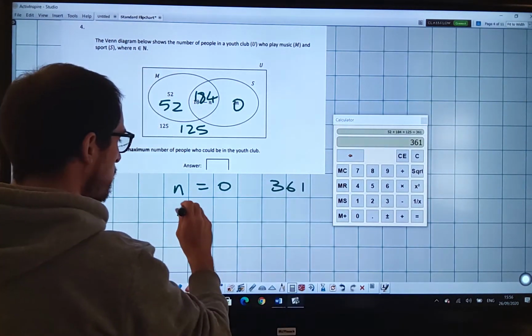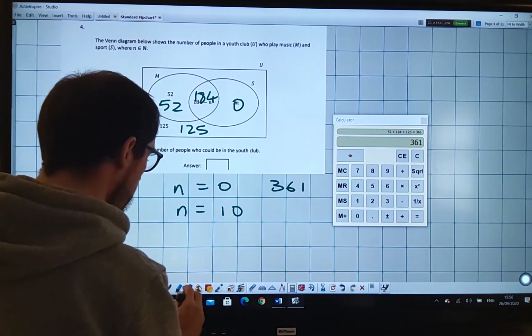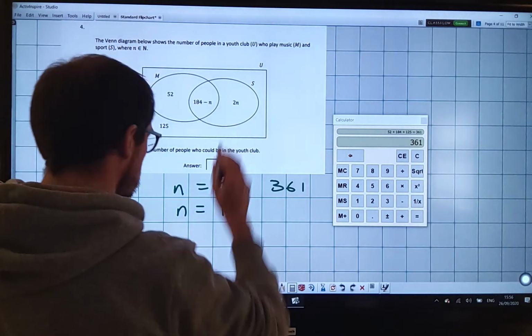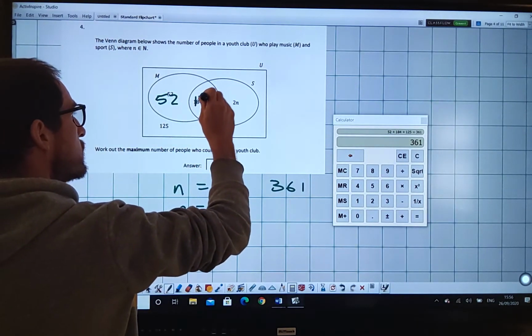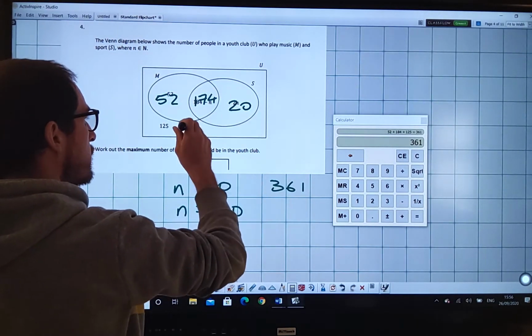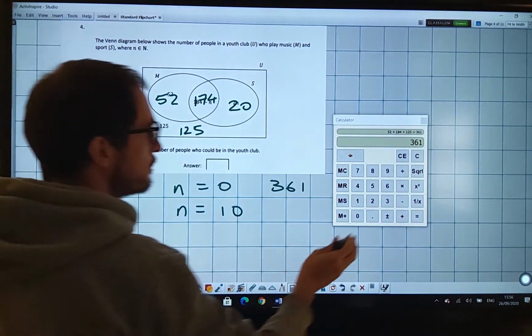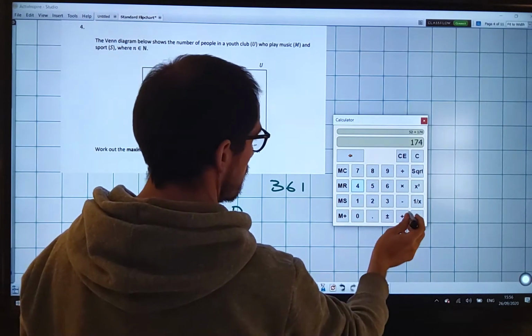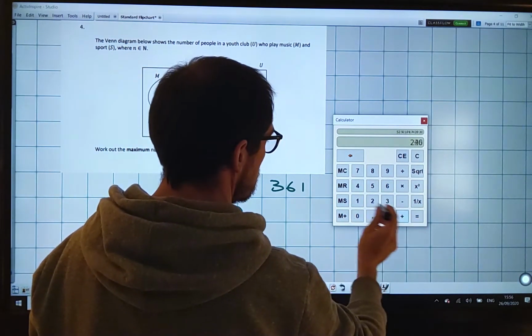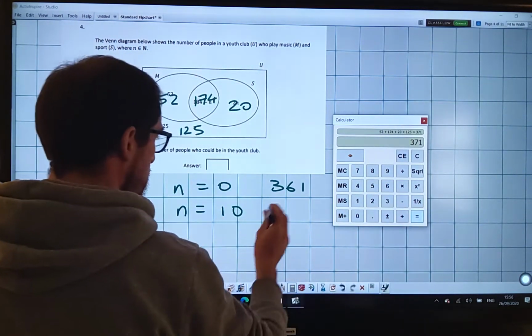Now, what about if n was equal to 10? We'll try it now when n is equal to 10. So I've got 52 plus 174 plus 20 plus 125, and that gets me 371.